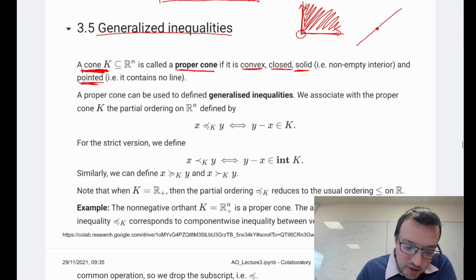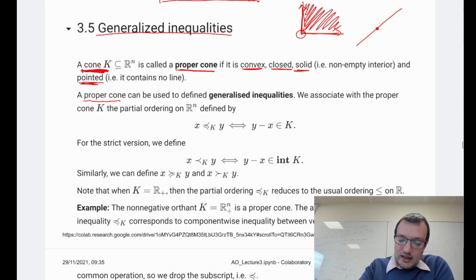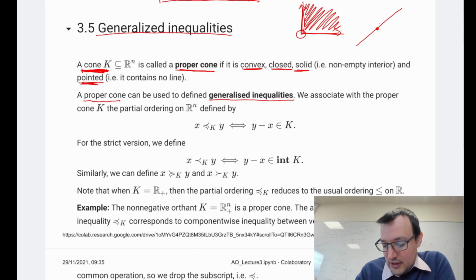If we have a proper cone, then we can define generalized inequalities. Now, let's go through the definitions. Then there's going to be a picture illustrating the meaning of these and some examples, and everything will be more clear.